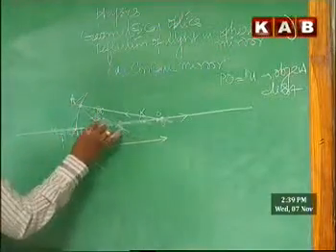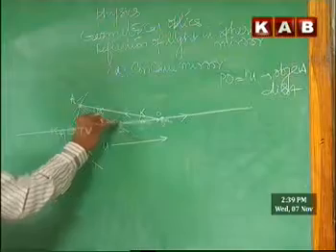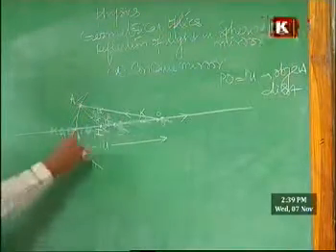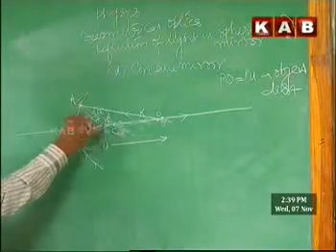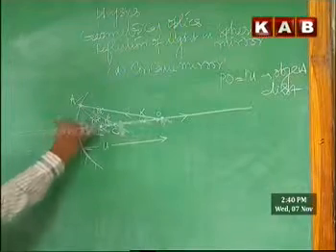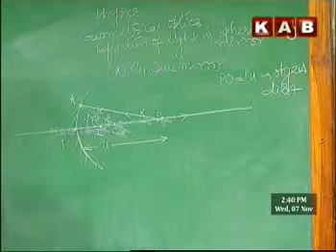Now, the angle alpha we have considered there. Let the angle at C be beta, and the angle at I be gamma. Now we have two triangles here. One is triangle OAC.